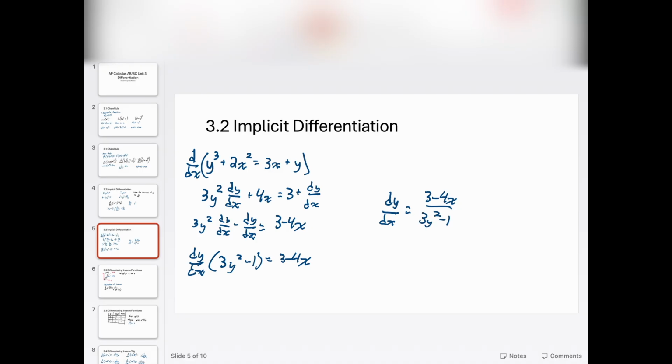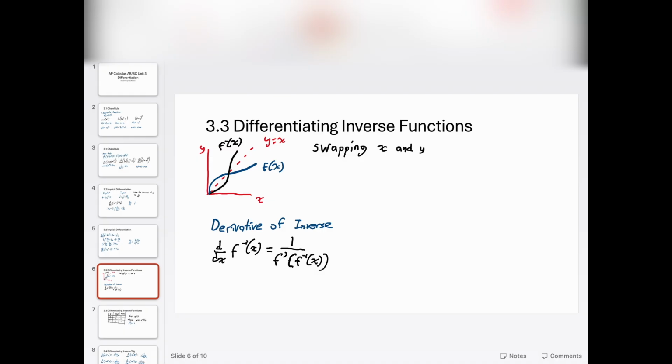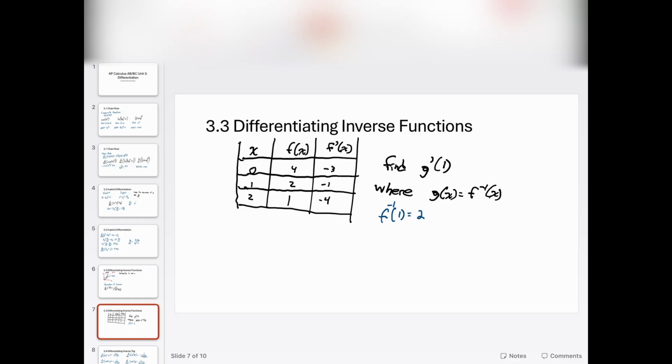So now, let's look at differentiating inverse functions. An inverse function is just when the x and y are swapped. The derivative of the inverse function is 1 over f prime of f inverse of x. Looking at a table, here we have to find g prime of 1, and it's stated that g of x is the inverse of f of x.